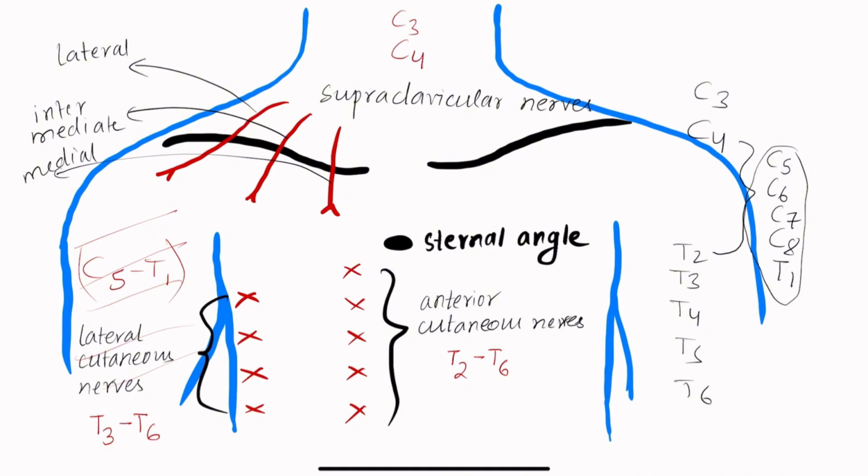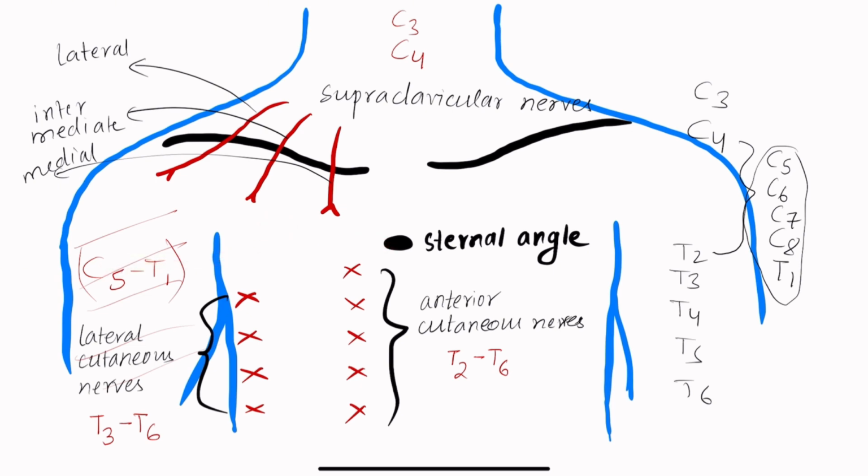First, let's talk about the cutaneous nerve above the sternal angle. Among the spinal nerves, the C3 and C4 spinal nerves, which are a part of the cervical plexus, form branches that supply the pectoral region above the sternal angle.